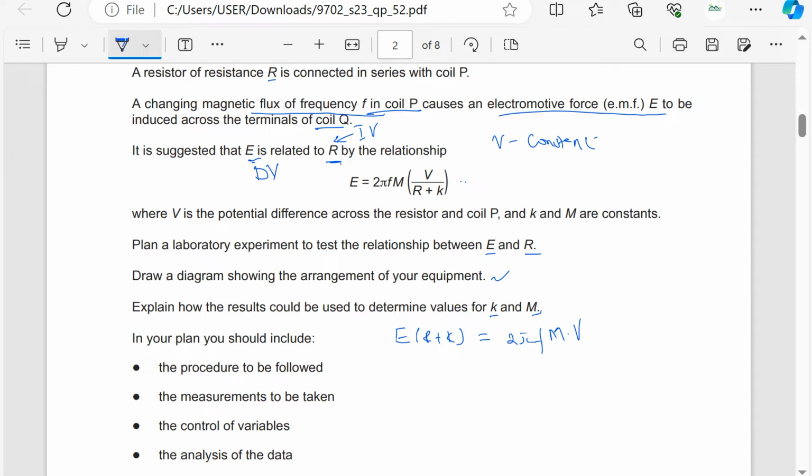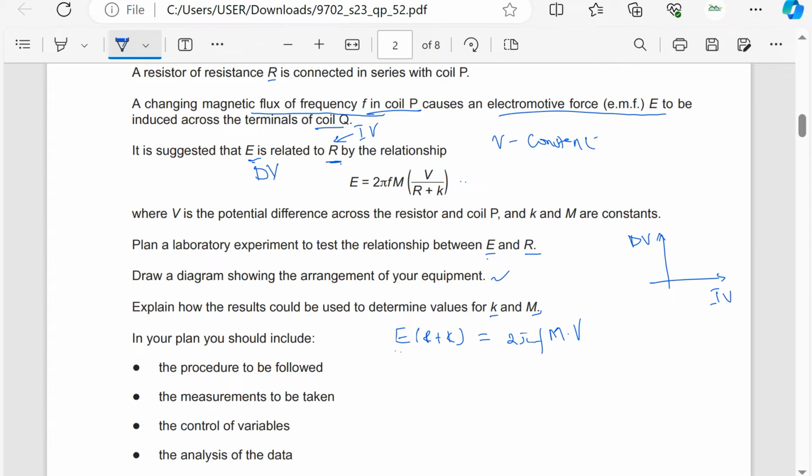So I want to make something related to E the subject. Because E is the dependent variable, and when we are plotting a graph, remember we always put the dependent variable on the y-axis and the independent variable on the x-axis. So I want something related to E to be the dependent variable and something related to R to be the independent variable.